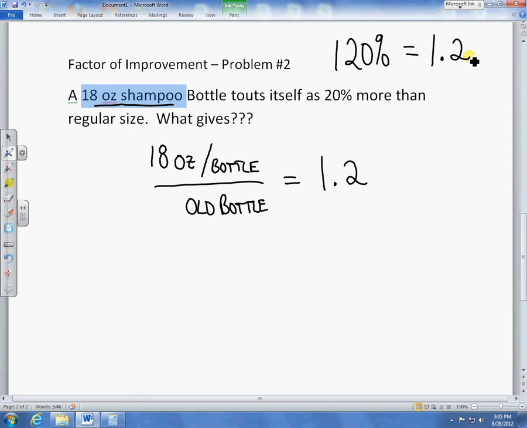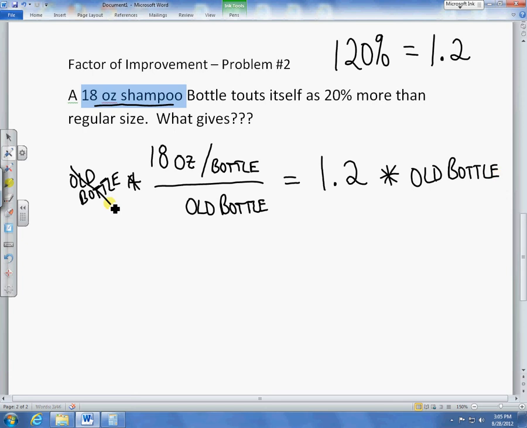All right, so let's move some things around here algebra-wise. Well, I need to multiply both sides by my variable. My variable here I have is old bottle. Not a very nice variable. But if I multiply old bottle on both sides, these guys cancel out over here.